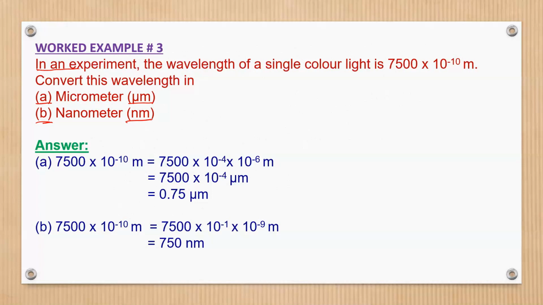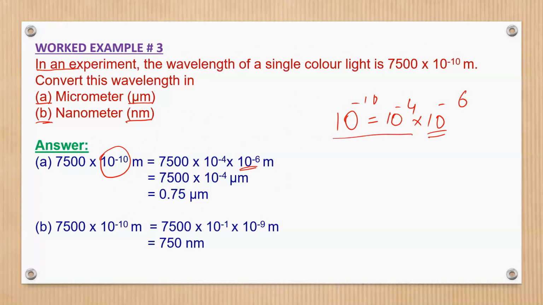So what I'm going to do first, I'm going to break up this one into 10 to the power minus 10 equals 10 to the power minus 4 times 10 to the power minus 6. The reason to break into 10 to the power minus 6, because micro means 10 to the power minus 6.